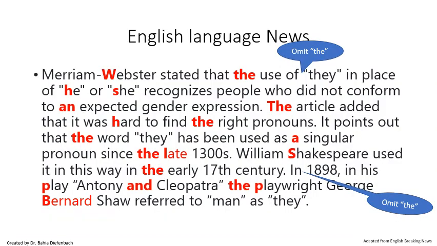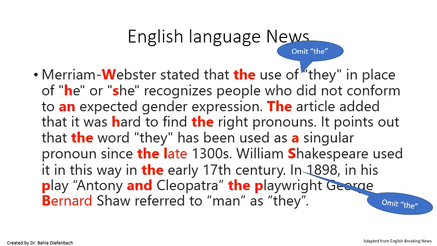Let's look at the corrections of the errors. I hope you found all these errors. Webster, it's a capital W, since it's the name of a person, stated that the use is not an use. And then here there was a the, we omitted, it's not needed.